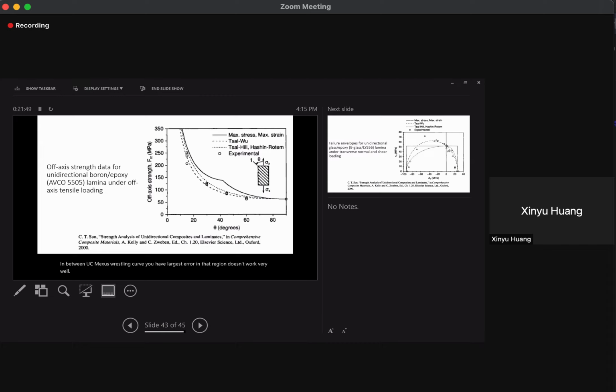The prediction is actually not conservative: your true stress is lower than the prediction. You can see the 2 interactive theories work better. The 2 interactive theories are Tsai-Hill and Tsai-Wu, which are the dotted lines. Especially Tsai-Wu fits the data beautifully. This is the longer dotted line.